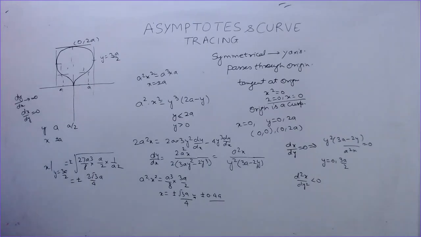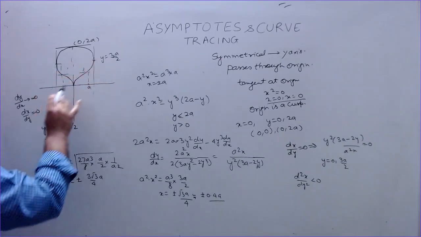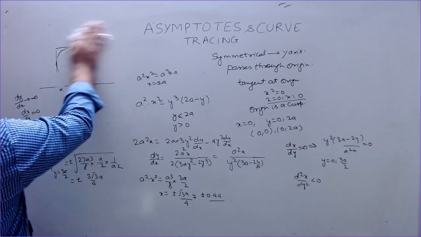So it will be around 1.2a. So here you can find, so this will be the shape of the curve. This is how you can draw the shape of the curve. Let us discuss another example.